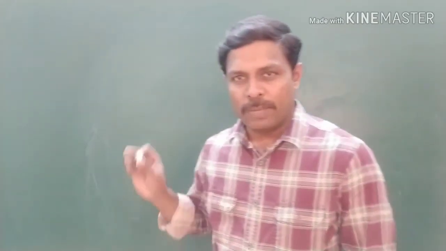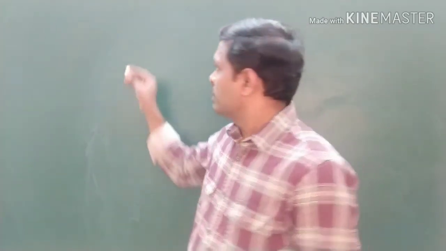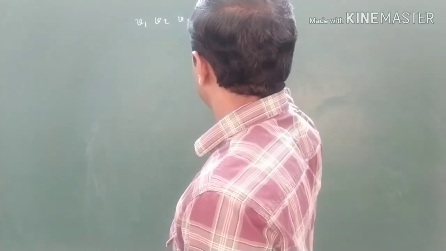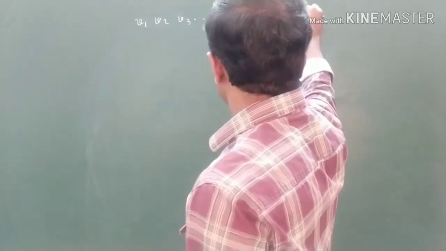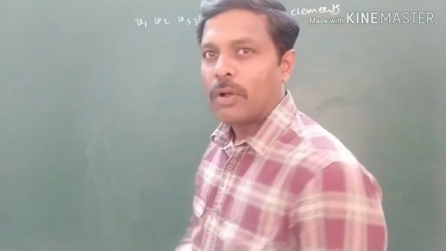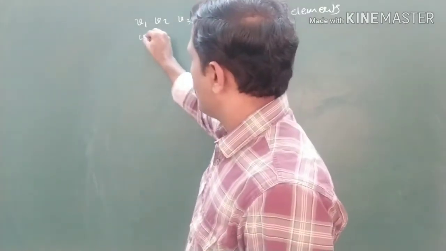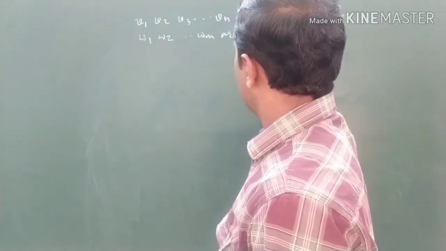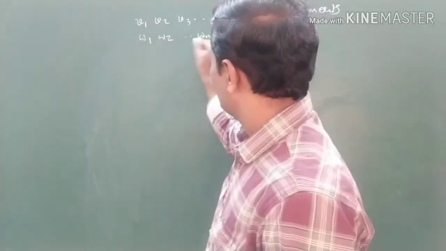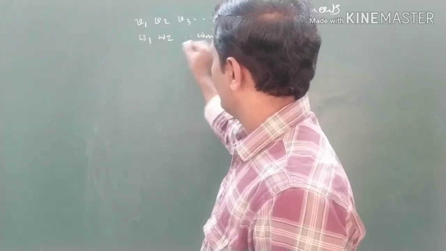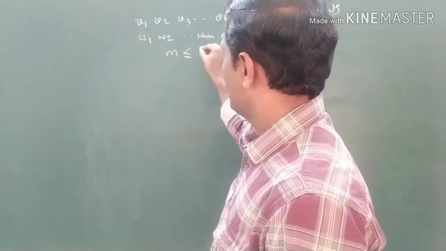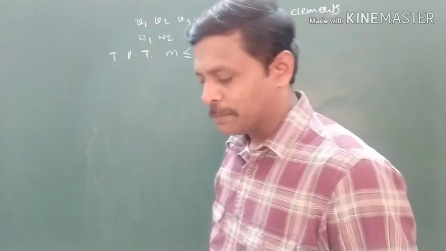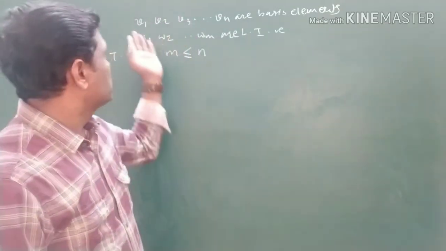So the basis is given with n elements, v1, v2, v3 up to vn are the basis elements. All right. And w1, w2, up to wm are linearly independent vectors, and we have to show that m, the number of linearly independent vectors, is less than or equal to n. That is what we have to show. Okay, now consider these n vectors.